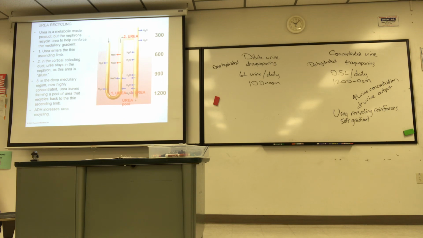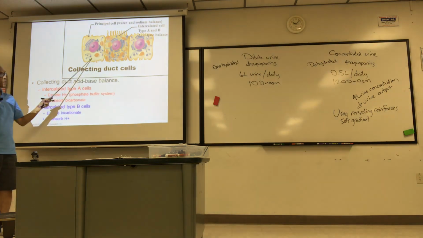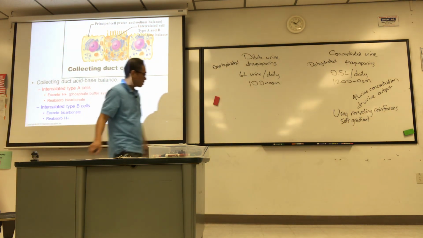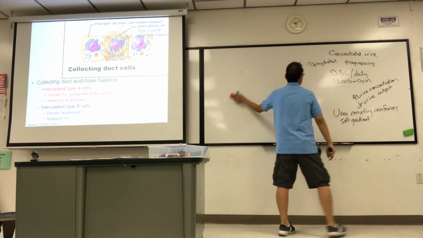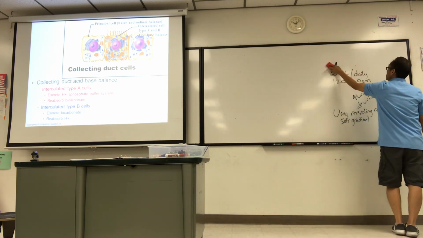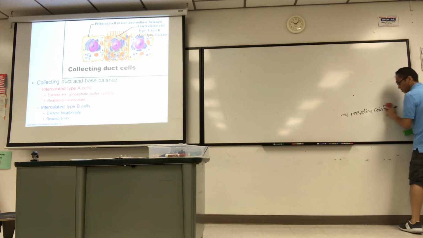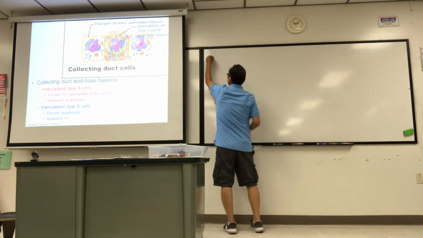All right, the collecting duct, those principal cells have the aquaporins, but they also have these intercalated cells for acid-base balance. So we should talk about that a little more time. So most of the cells are the ones with the aquaporins. That's the principal cell. We noted that. Let's talk about the cells stuck in between, intercalated cells. CD, collecting duct.